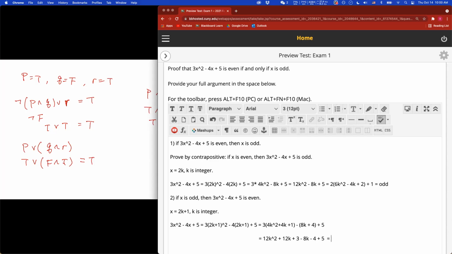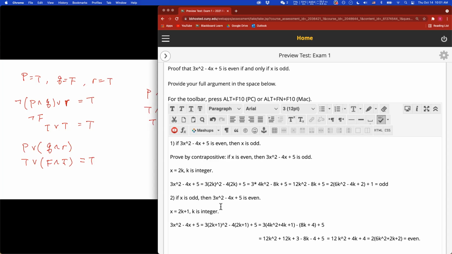Combining like terms, you have 12k squared, 12k minus 8k so plus 4k, and 3 minus 4 is negative 1, plus 5, so plus 4. You can write it as 2 times (6k squared plus 2k plus 2). So this is even.